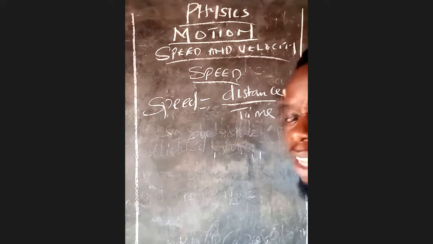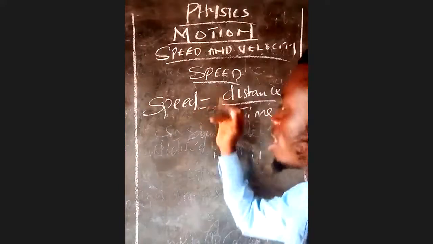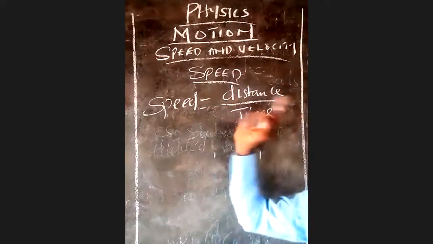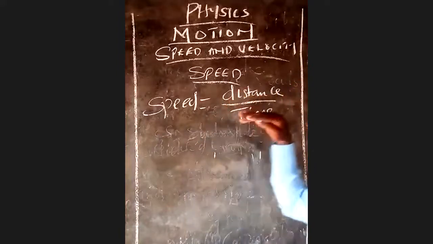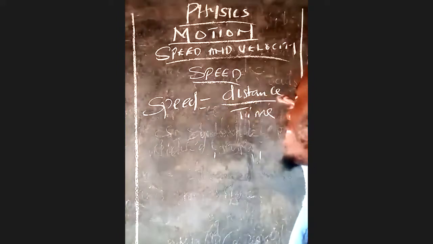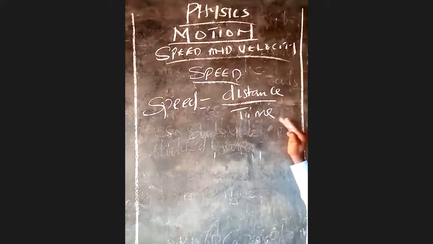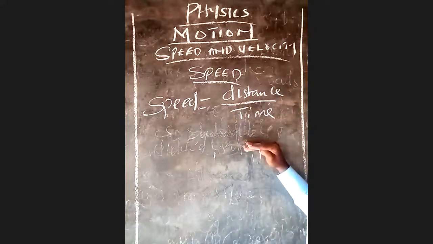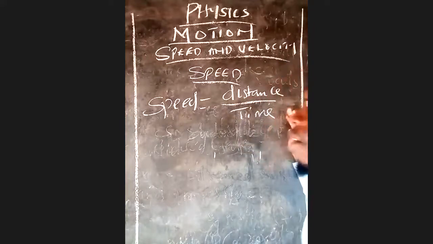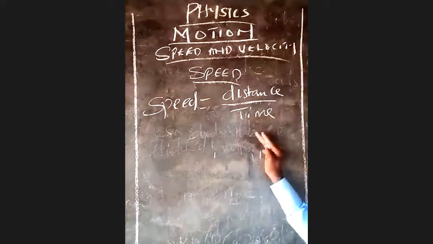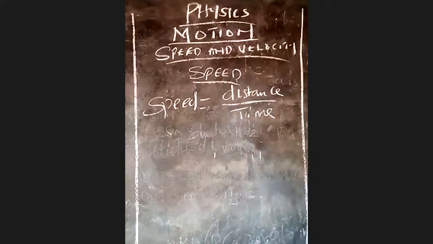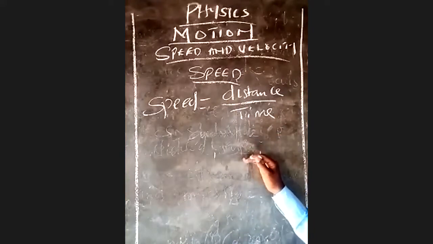Once we get that, we can get the speed. That is an average speed over the distance.